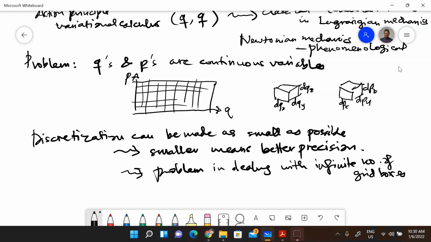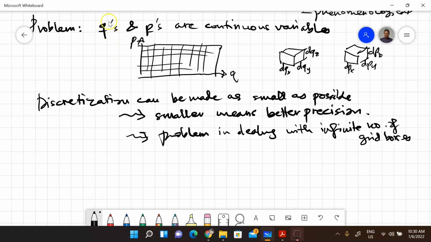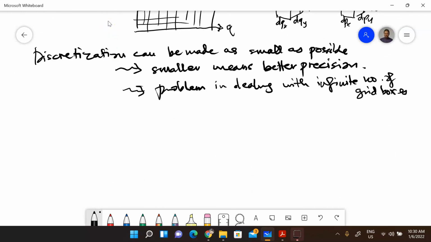And when one does that, remember the number of grid boxes would tell you about the number of configurations. So there will be an infinite number of configurations.